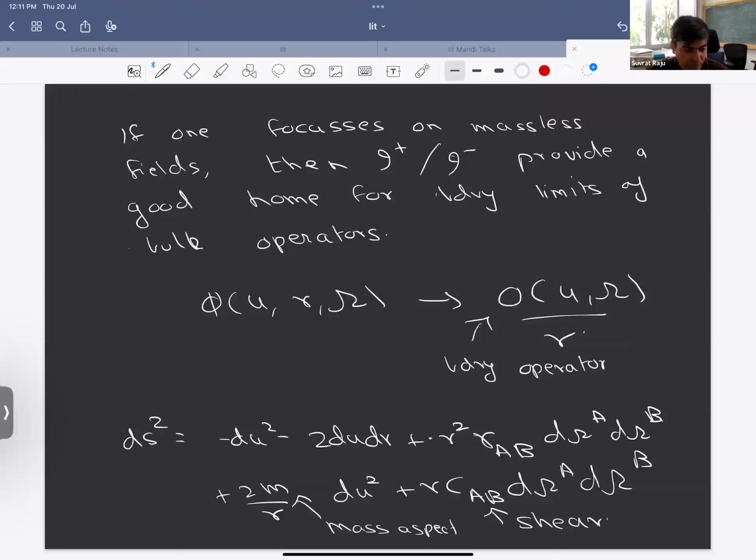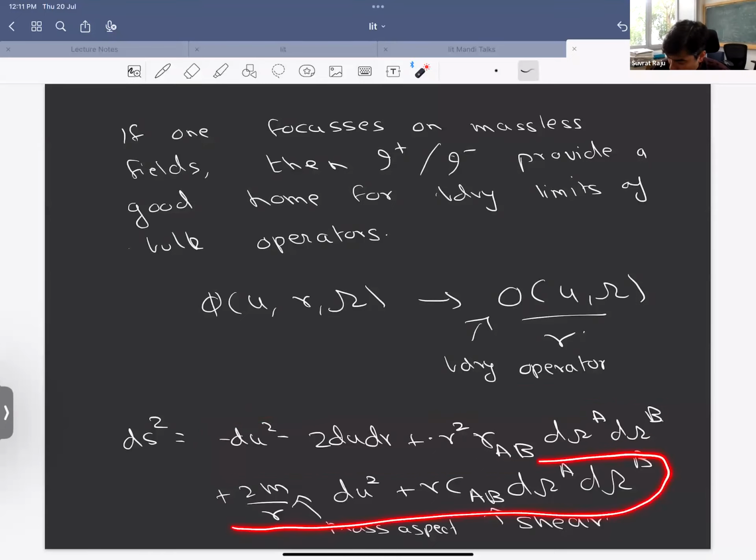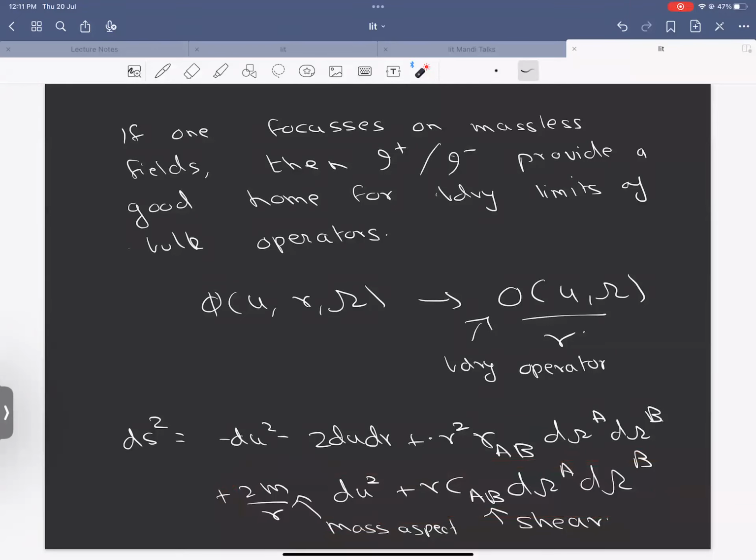So this is the bulk metric, and as I said, we insist that the metric at leading order becomes that of flat space, and then it has some subleading terms, which we will think of as living in the algebra of null infinity. So that's the answer to the question. Does that answer the question? I think so.